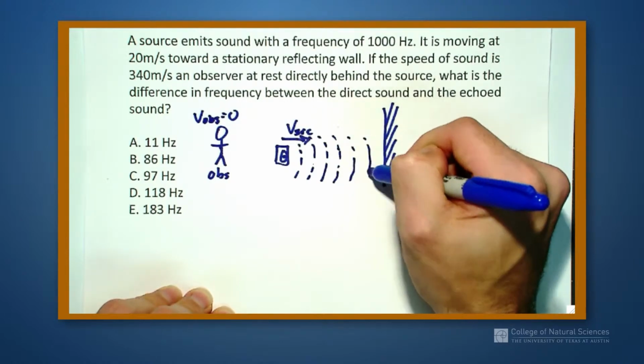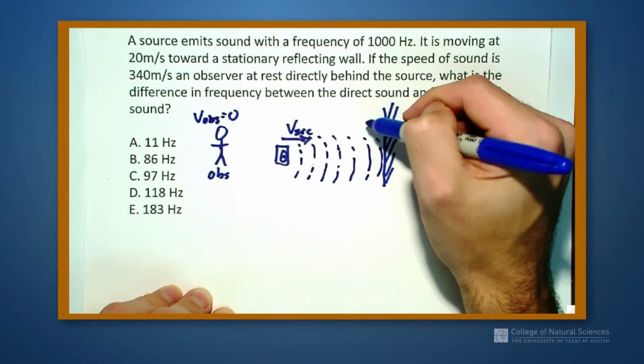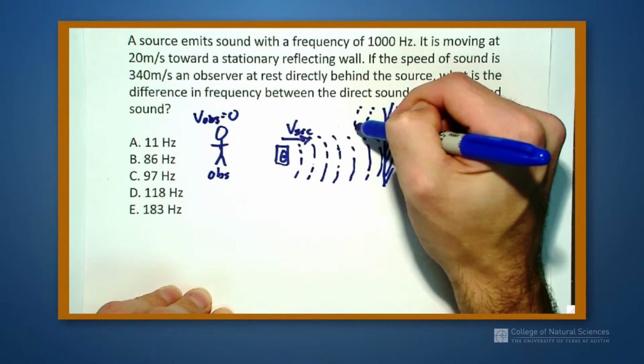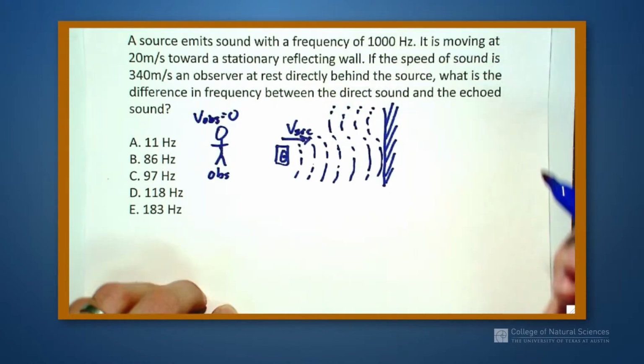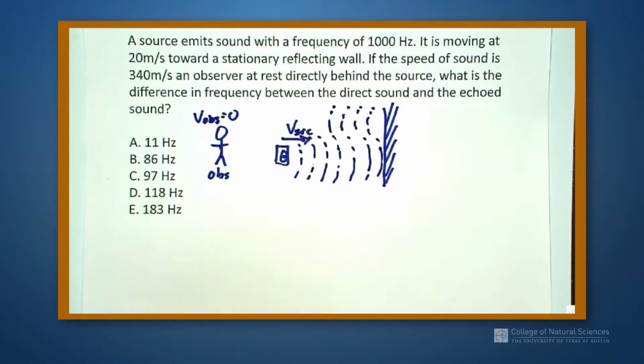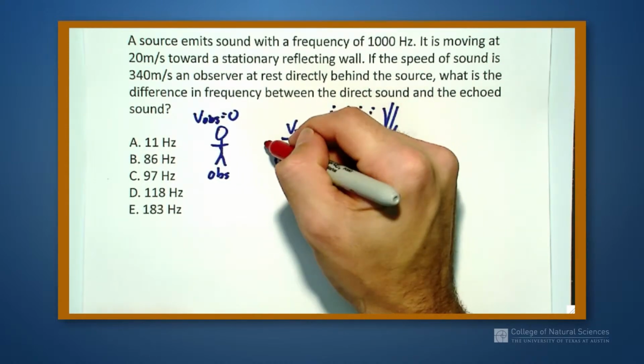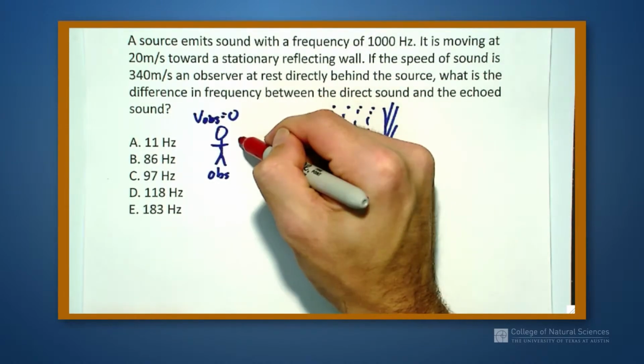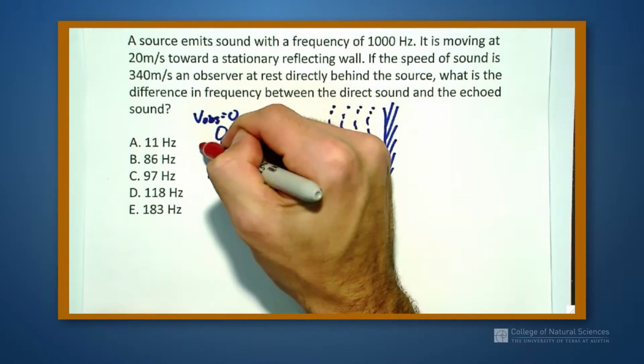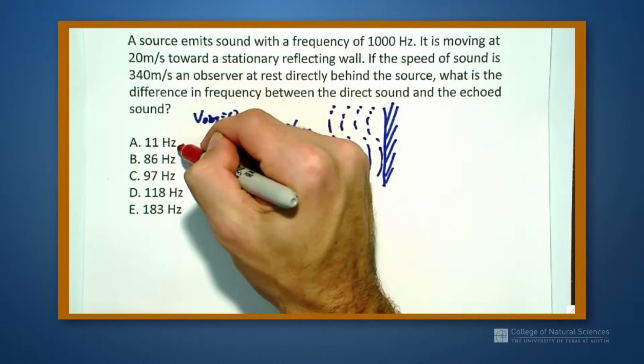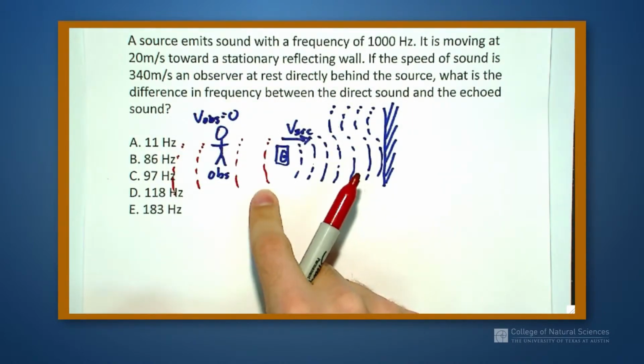They're going to hit the wall and return off of the wall with the same frequency. However, since the source is going away from the observer, it's going to emit a backwards sound wave at a lower frequency.